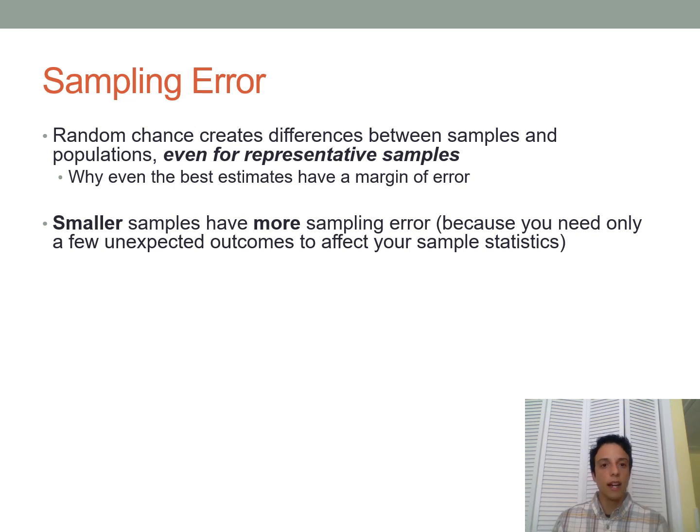And sampling error has a general tendency that we've also seen in this class in the coin toss activity. A characteristic of sampling error is that smaller samples tend to have more sampling error. So if you take a smaller sample, a few unlikely things can really throw it off. So imagine that we're still pulling M&Ms out of that giant jar of M&Ms, and we're still expecting 20% of our M&Ms to be blue.